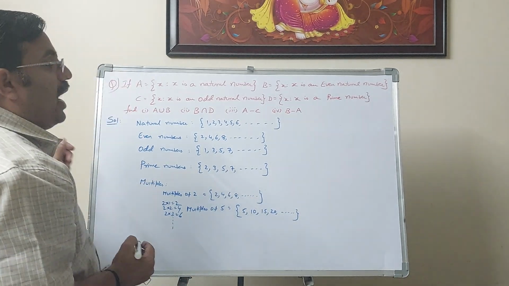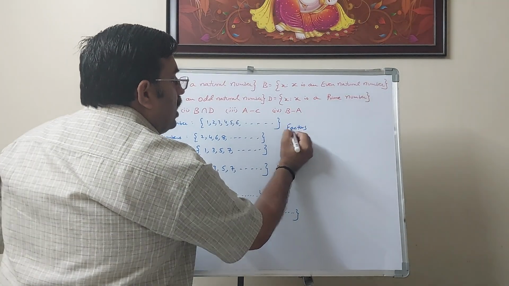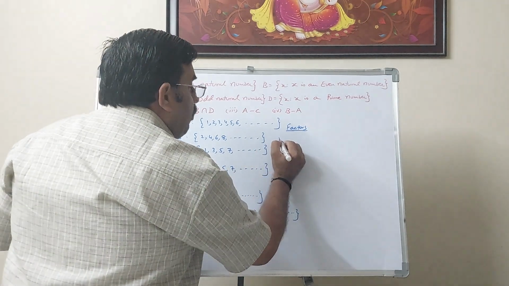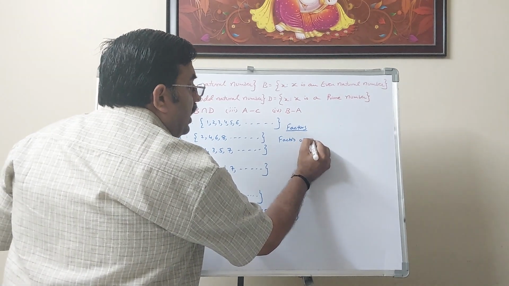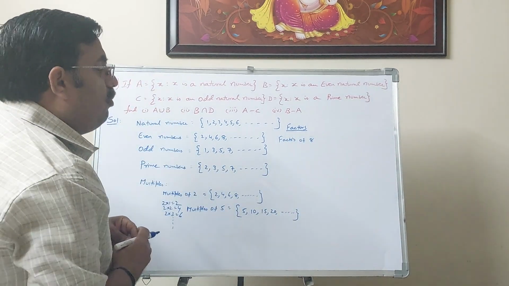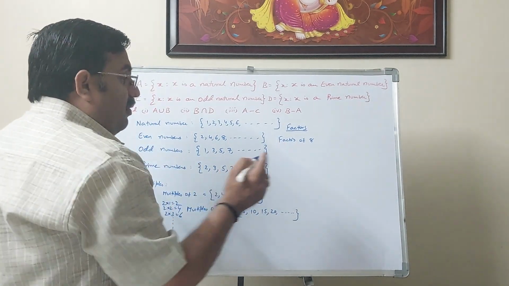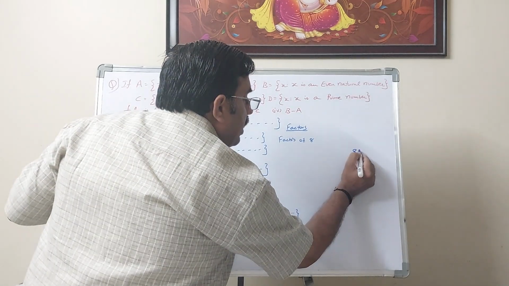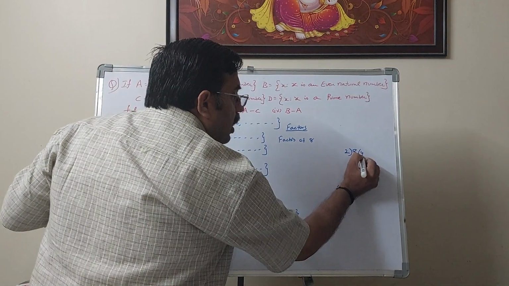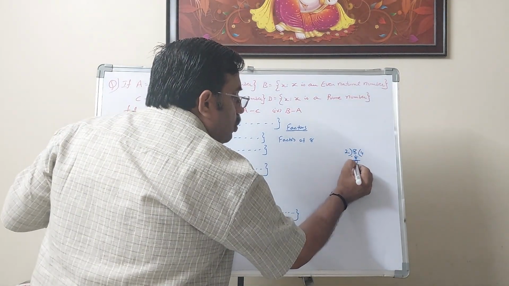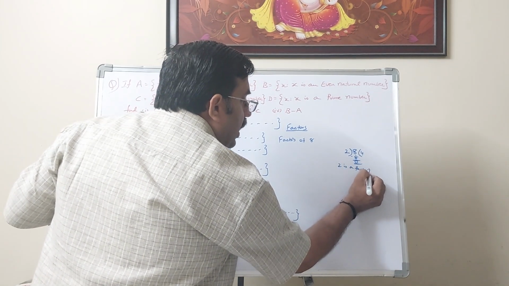So, how do you write the factors? For example, the factors of 8. What is a factor? If you divide 8 by 2, 2 4s are 8, so the remainder is 0. Then we say that 2 is a factor of 8.